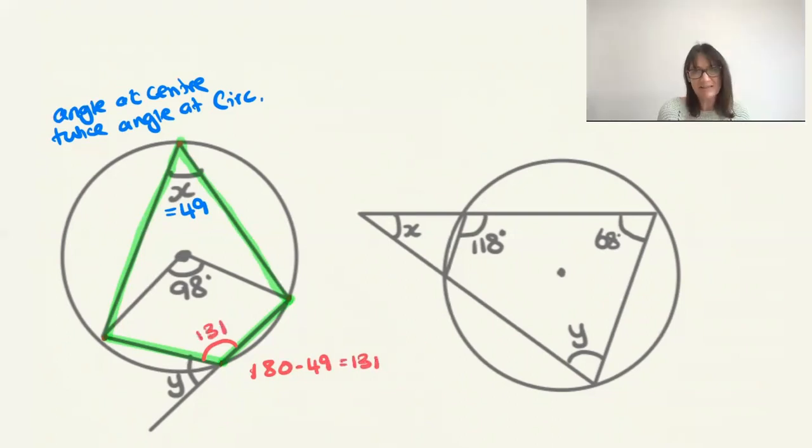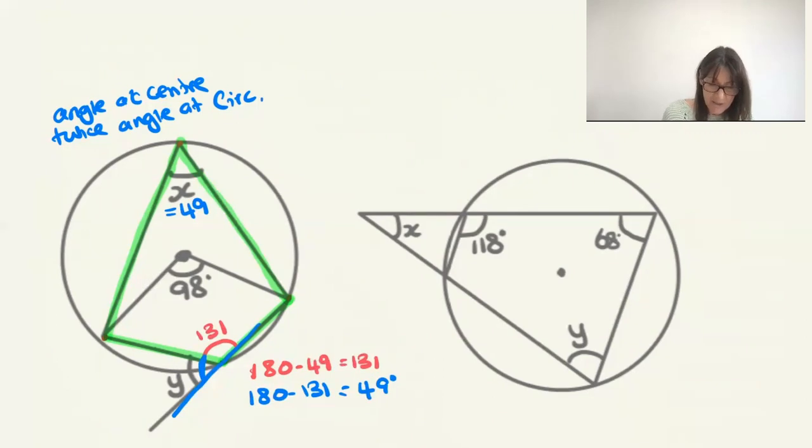And then it's fairly obvious from here. Then I've got a straight line here. So that bit there, my y is going to be equal to 180 minus 131. So I'm kind of reversing things. So that is going to be 49 degrees.